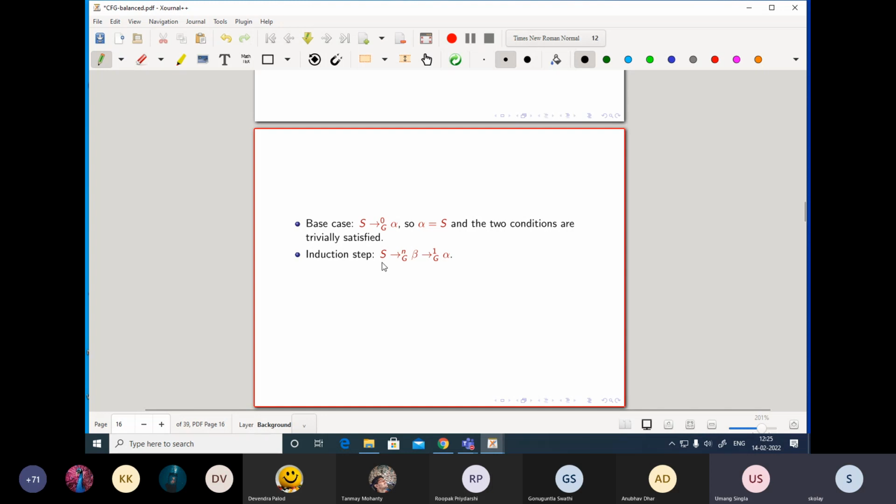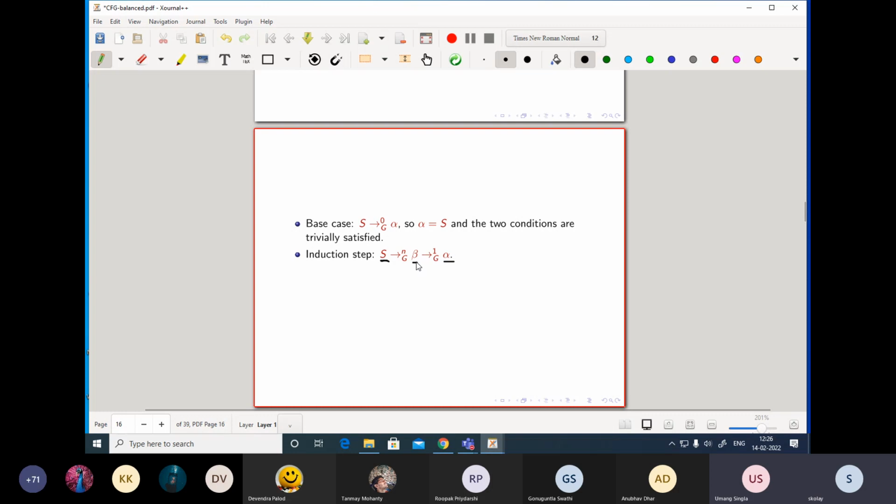Okay, so now in the induction step, let's assume that you are deriving alpha from S in, let's say, n plus 1 steps. So if I take one step back, that means S in n steps goes to beta. This beta could be S, this n could be 0.